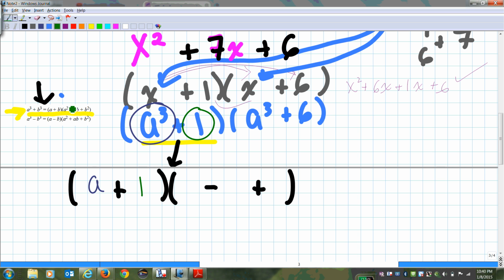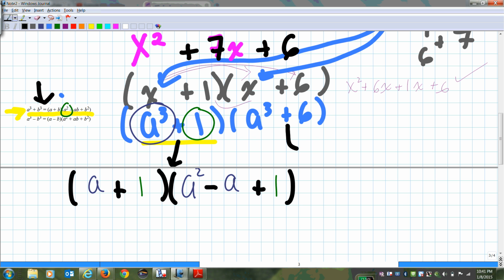And then we have here a squared, minus a times b, which is your b again is 1, so it's just plain old a, plus b squared, which is 1. So that's factored out as far as you can go.